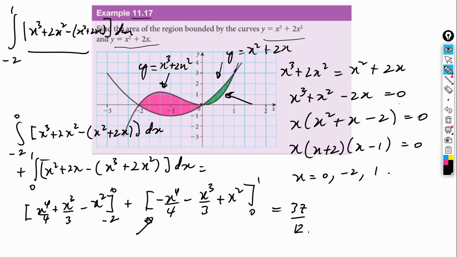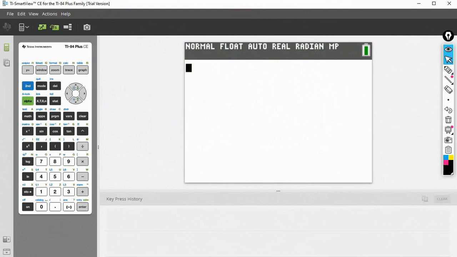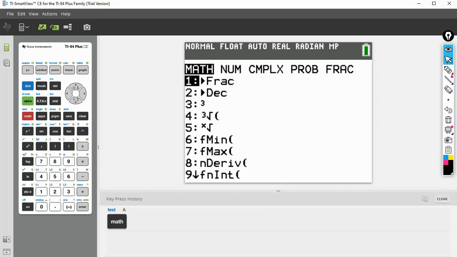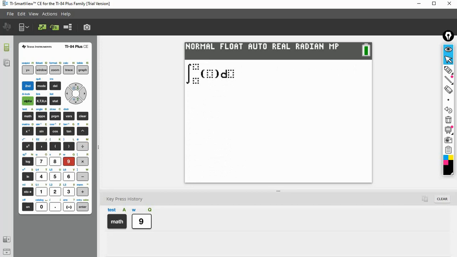So now we're going to verify with the graphing calculator. Okay, so here we are with the GDC, and we're going to test the previous result using the fact that we can solve it with the absolute value in a straightforward manner. So click on Math, option number 9, where it says Finite Integration, and there's our integral.